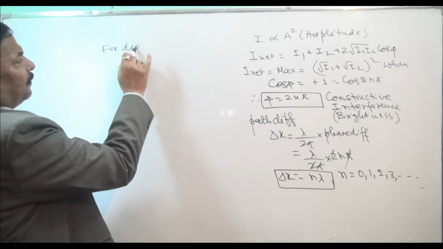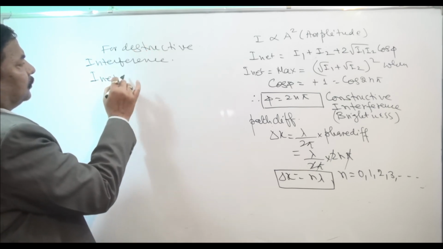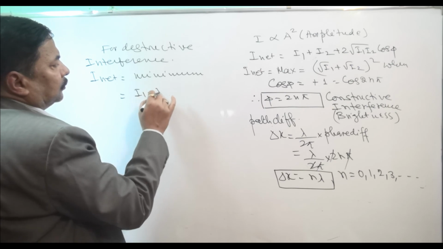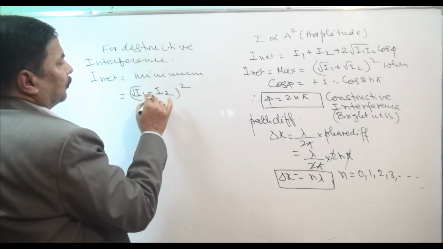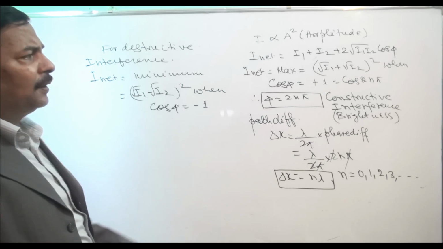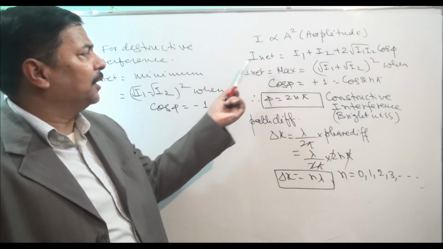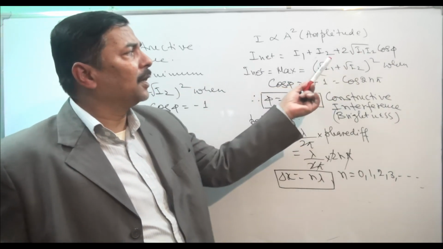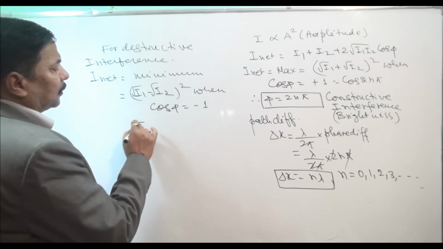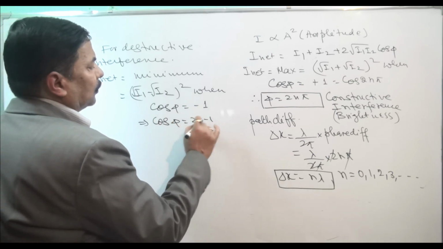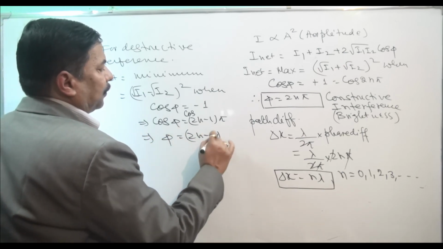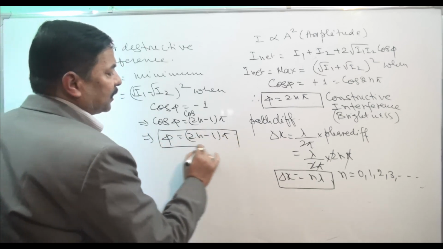For destructive interference, the net intensity should be minimum, and when cos phi is minus 1, it gives you root I1 minus root I2 whole square. Here you are getting the condition for destructive interference.